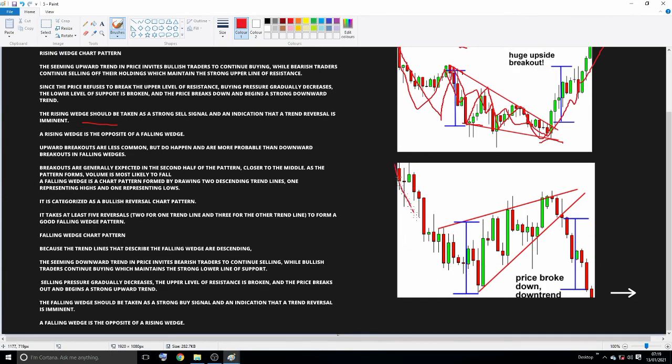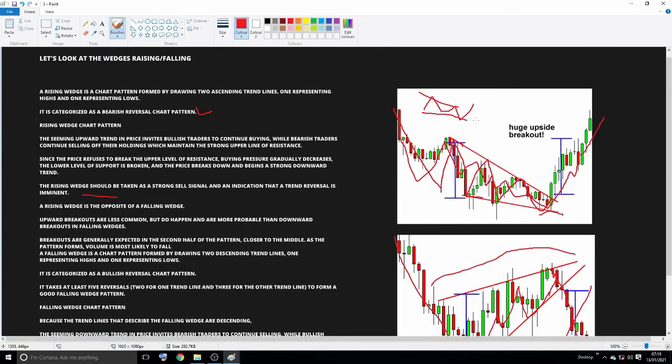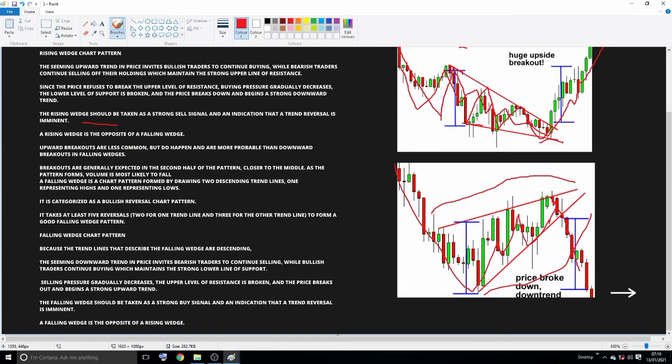But in this case we had a downtrend, it came into a wedge, and then we had a continuation. So it can work as a continuation pattern and also a reversal pattern. You use trend lines to draw this, and you can just try to spot them on your chart and see how accurate these things can be.